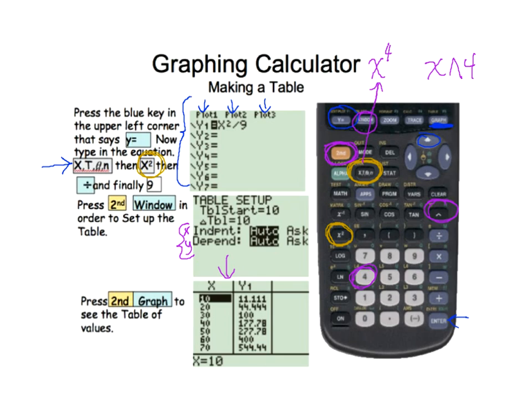Now, there are some times that you may want to toggle your independent auto to ask. What happens when you toggle that, and all you do is arrow down, move over to ask, and hit enter, is that if you go to your table, you won't see a populated table. At the bottom, you'll see x equals and then nothing.